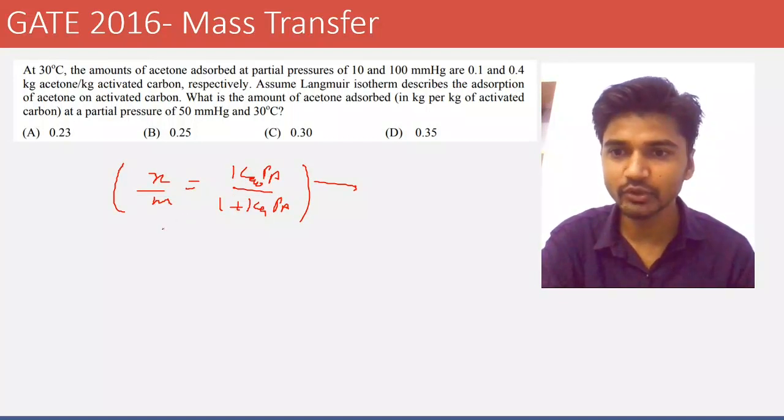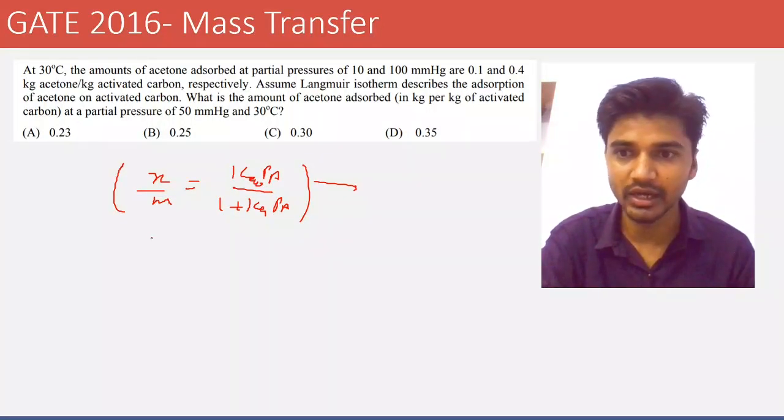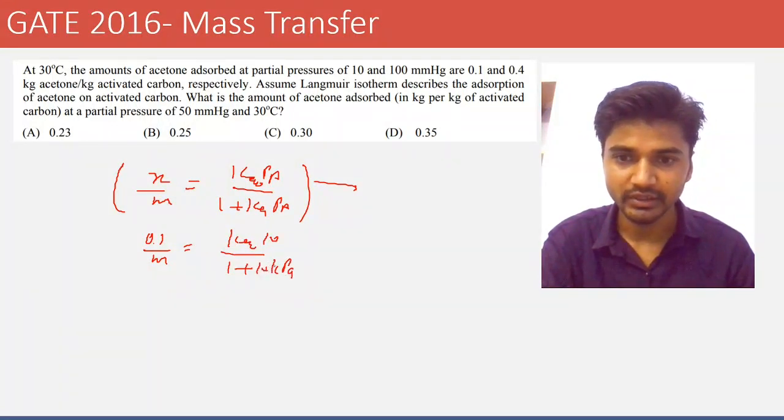So here we can generate two equations. In the first case, when the partial pressure of acetone is 10 mm Hg, 0.1 kg of acetone is adsorbed. So we can write 0.1 by M equals K_eq times 10 divided by 1 plus K_eq times 10.